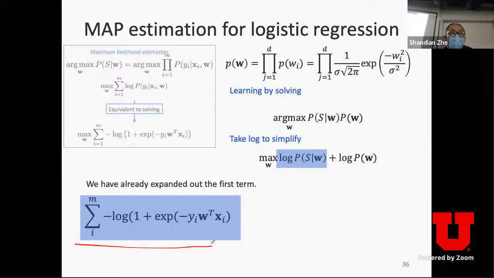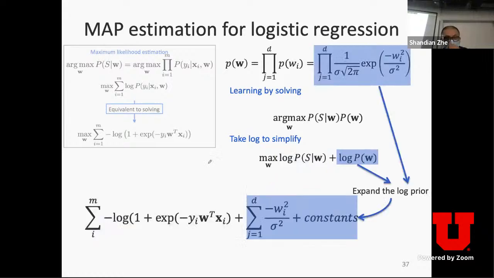This is our log likelihood term, which we have already derived. If we further expand the log prior, you see that this is actually an independent Gaussian distribution.